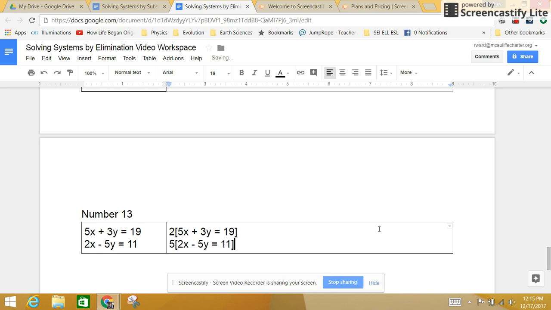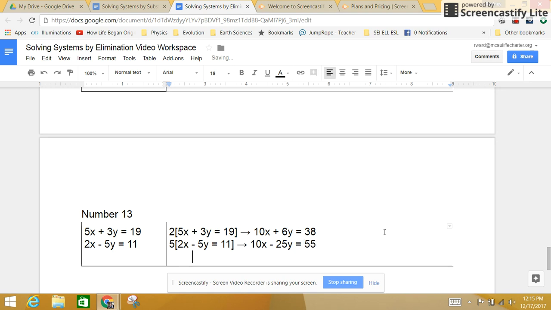Make that a coefficient of 10 as well. And I'll end up with 10x plus 6y equals 38. I end up with 10x minus 25y equals 55.